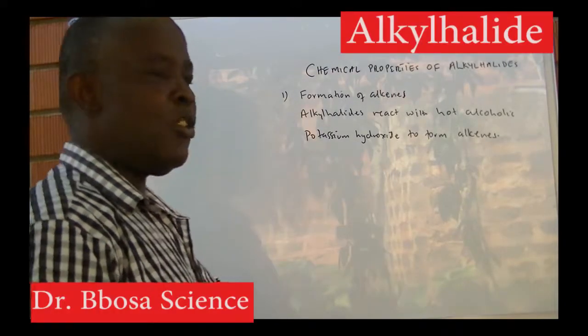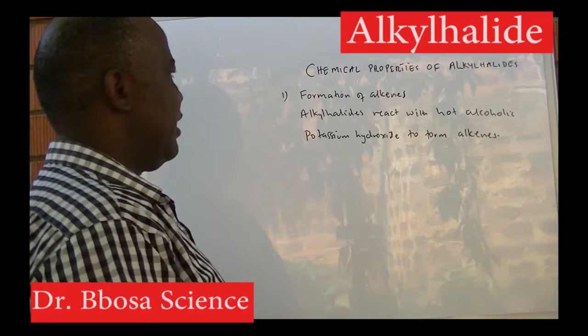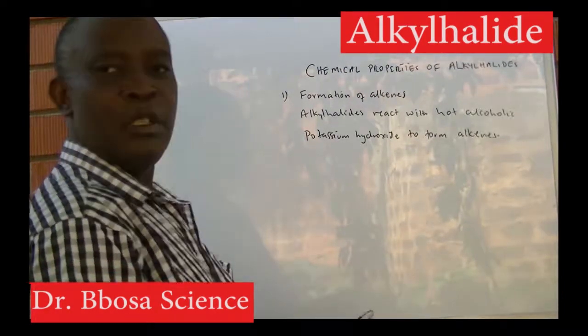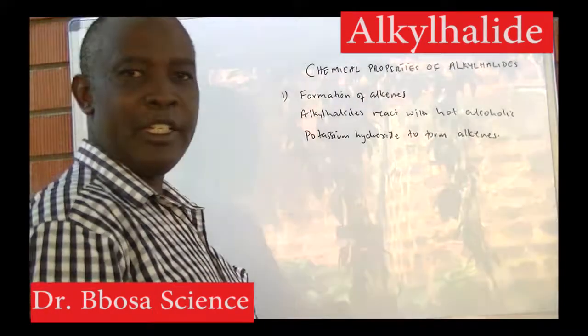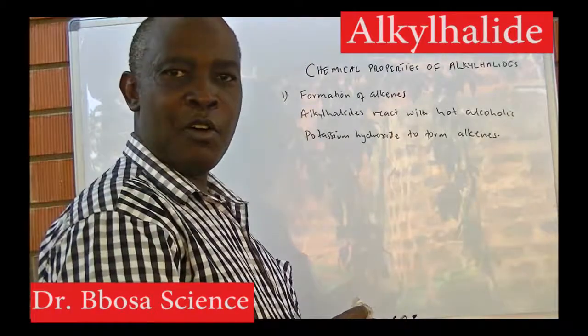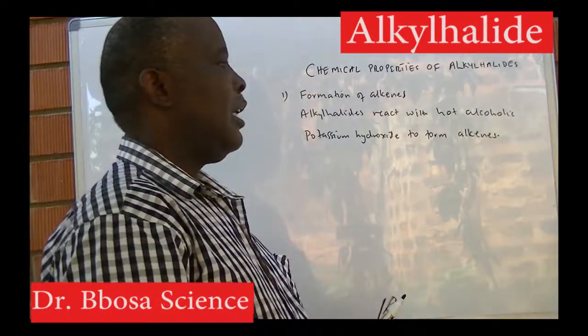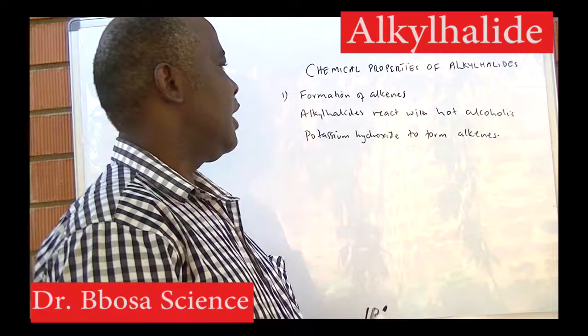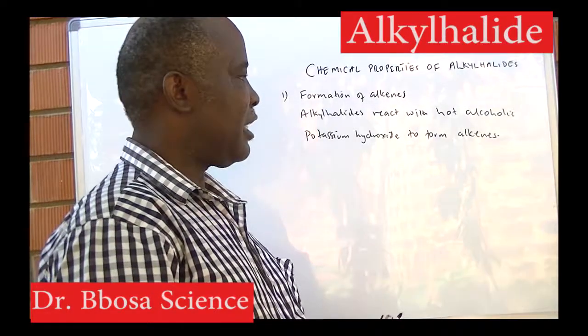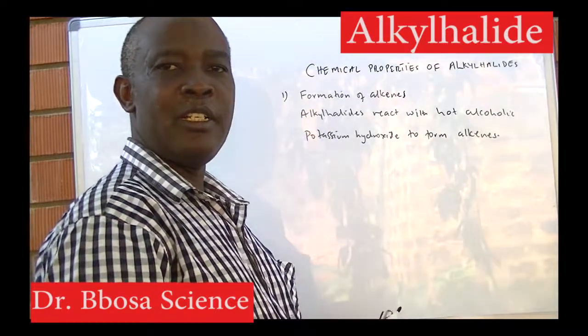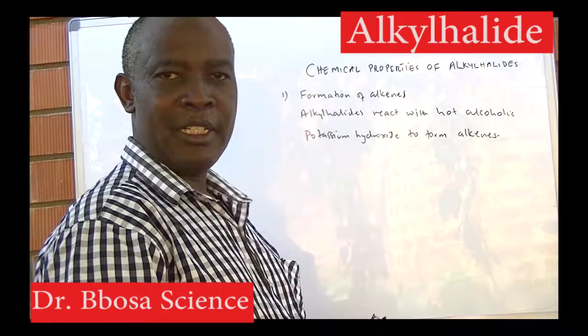Chemical properties of alkylhalides. 1. Formation of alkenes. Alkylhalides react with hot alcoholic potassium hydroxide to form alkenes.